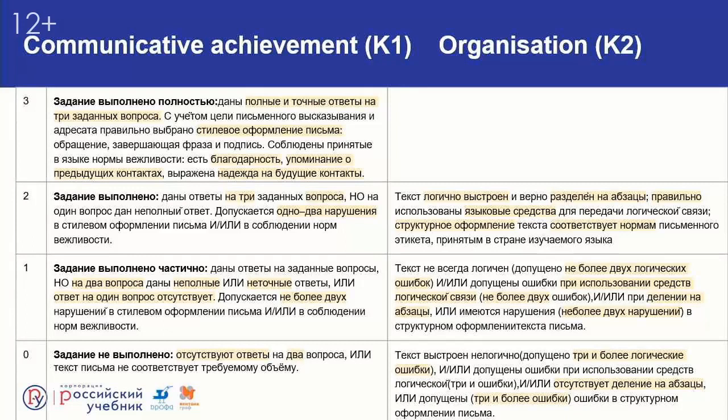And we get 0 if 2 questions are not answered, or answered in a way that does not meet the standards, right? As for organization, the text should be logical. Though I did highlight this bit of the text, I think that this formulation is a little bit vague. What does logical mean? Because sometimes something that is logical for me cannot quite be logical for you.